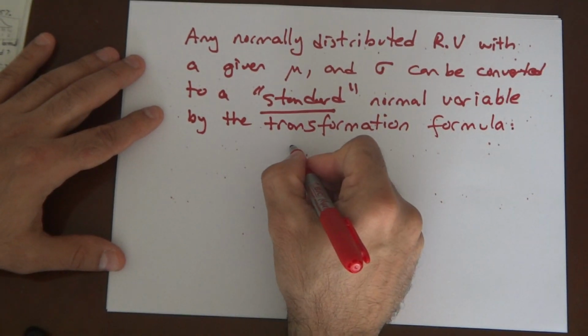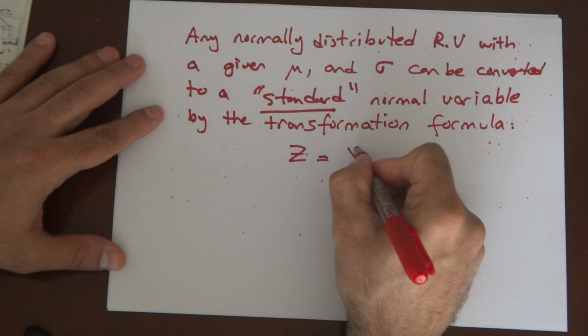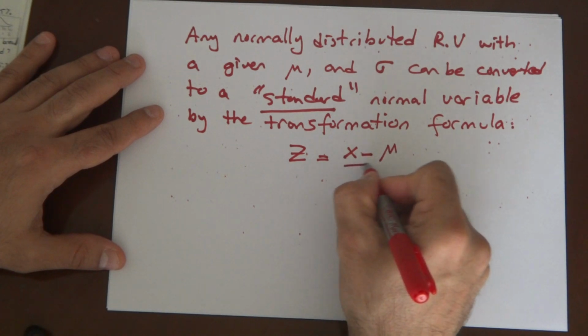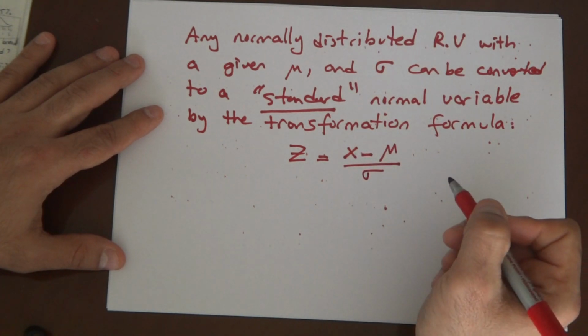The formula is Z equals X minus mu divided by sigma.